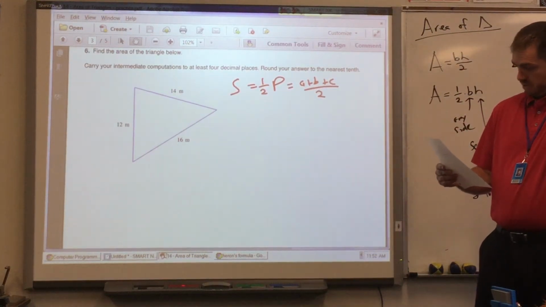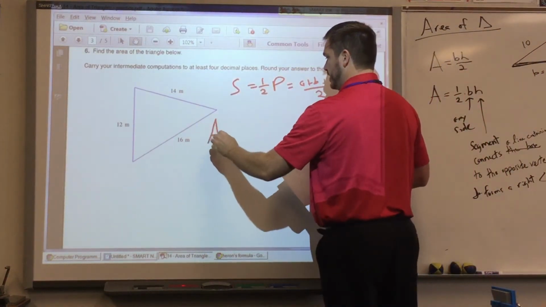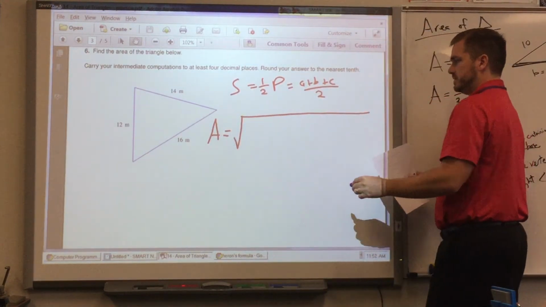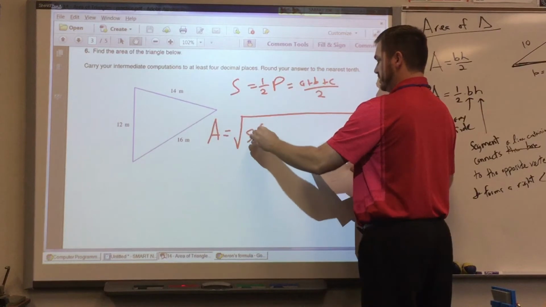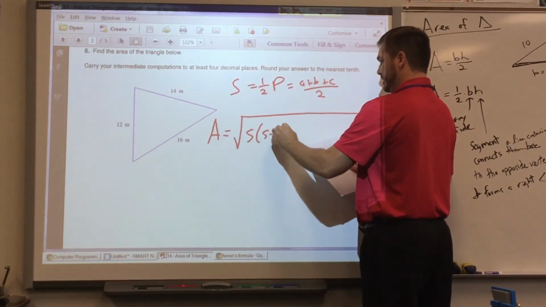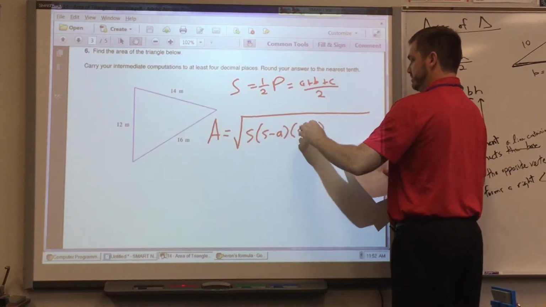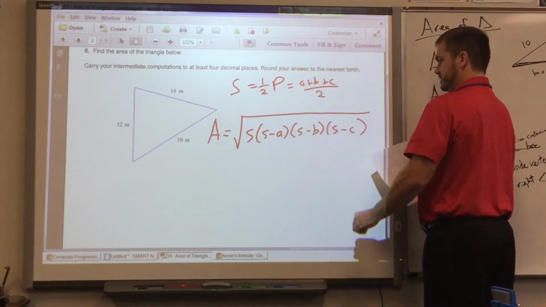Then what you do is you plug it into this formula. The area is equal to the square root of the semi-perimeter times the semi-perimeter minus side A times the semi-perimeter minus side B times the semi-perimeter minus side C.